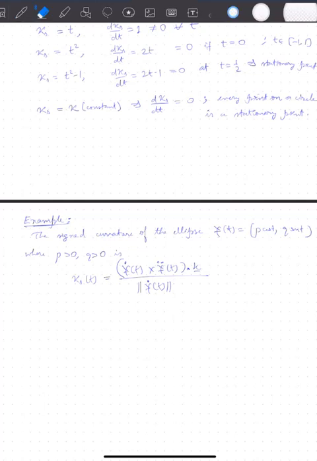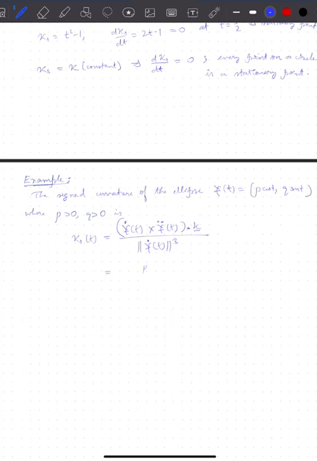This was the expression for the curvature. Using this, we obtain kappa_s(t) equal to pq divided by (p squared sin squared t plus q squared cos squared t) to the power 3 by 2.